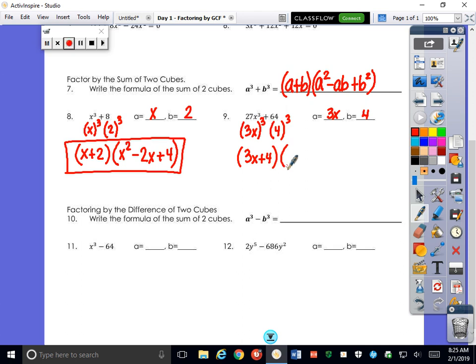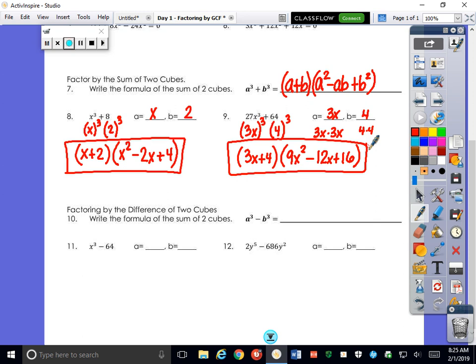When I do a squared, so 3x times 3x, that's going to be equal to 9x squared, minus a times b, so that's going to be 3 times 4, which is 12, and then an x, and then 4 squared, which is 4 times 4, so that would be plus 16. And that would be the factored form. You just have to follow the formula on that one.